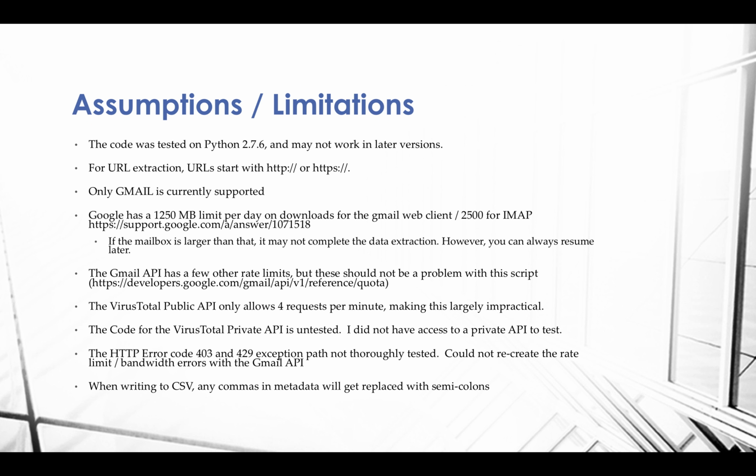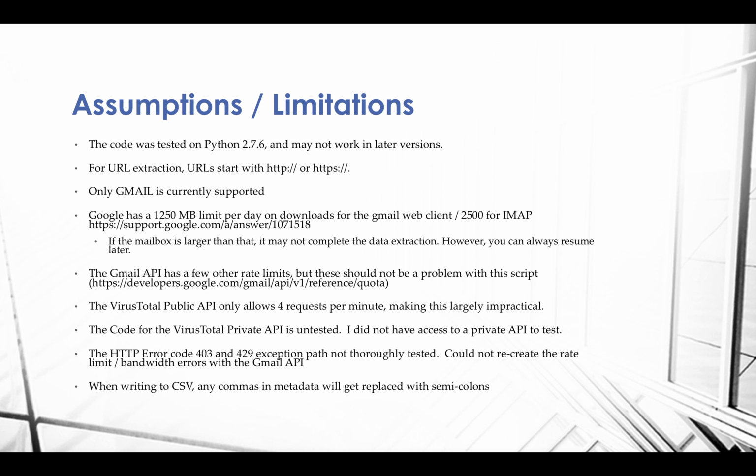The VirusTotal API, particularly the public API, only allows 4 requests per minute, which is pretty impractical for most of what we want to do. If you have a private API, that'd be great. There's no real limit for that, but I believe those are fairly costly. So as a result, I don't have one, and that code itself is untested.